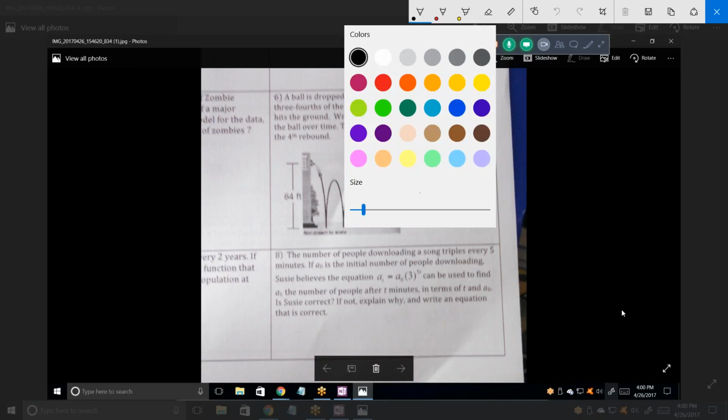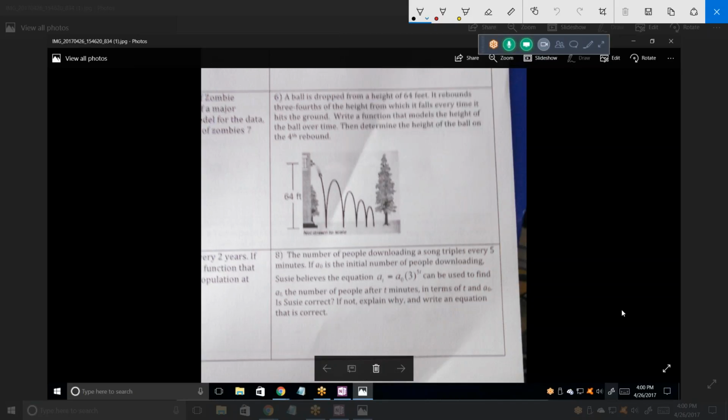Okay, so we would write this like 64. What would the general equation be? Would it be the same equation? Well, I can only assume that it would. I'm not 100% sure, but I think so. In other words, it's going to be a times some b to the x.